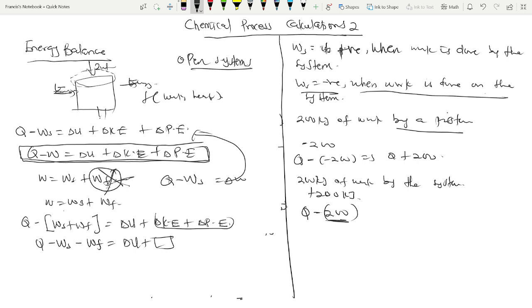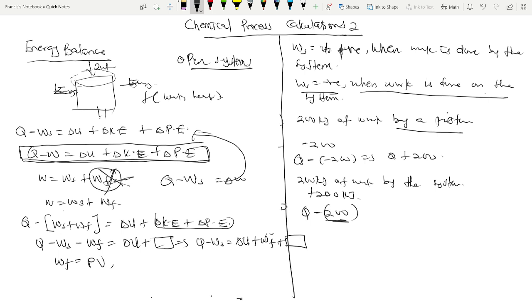So we can transpose Wf to the other side and see that Q minus Ws is equal to change in U plus Wf plus this. So now let's define our terms. Our flow work here is actually PV.